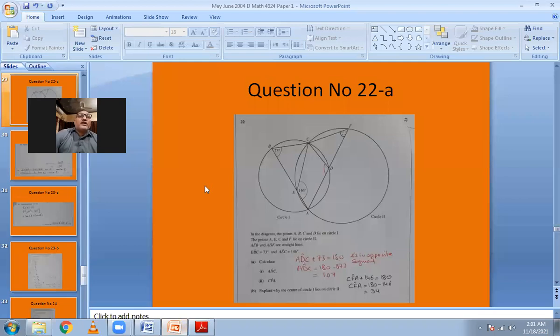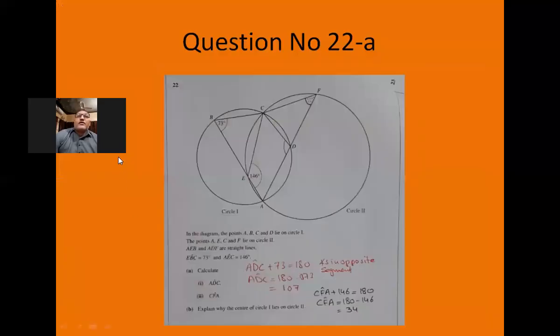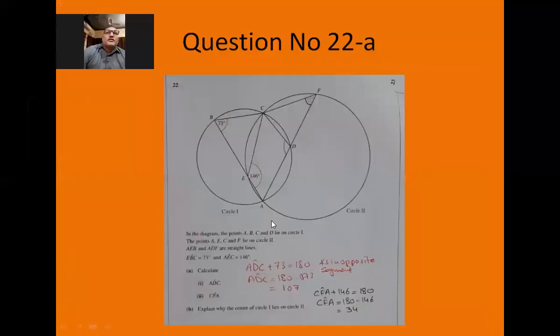So let me show you my solution. And here we go. Okay, so the first question is find ADC. I want to find out ADC. Look at this smaller angle carefully. This BCDA is a cyclic quadrilateral.